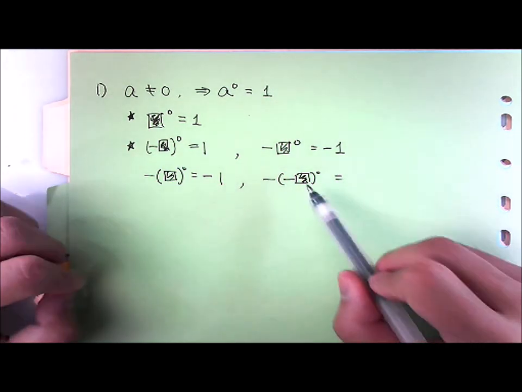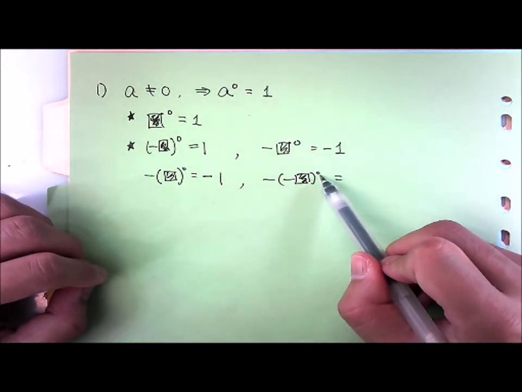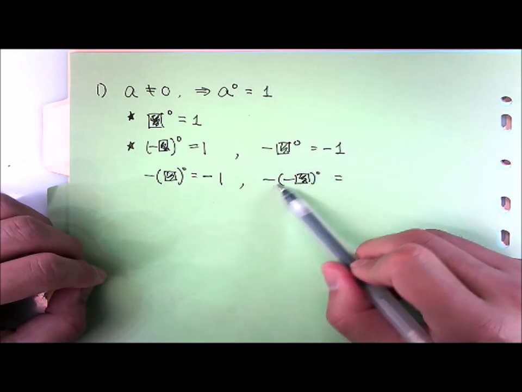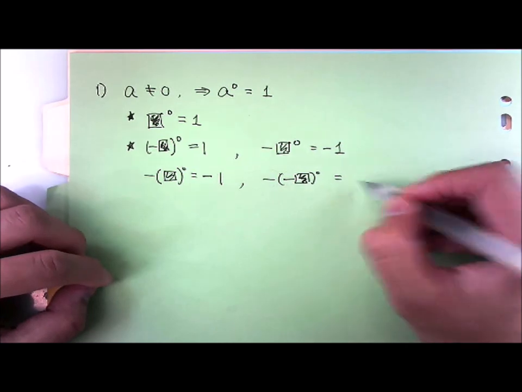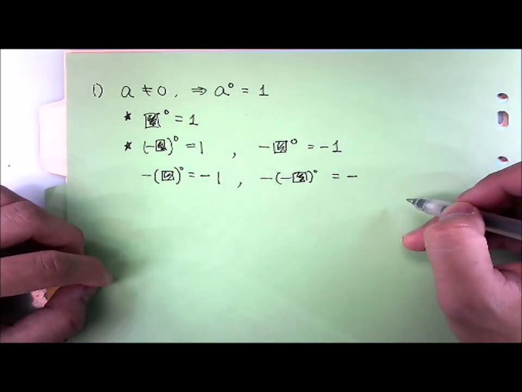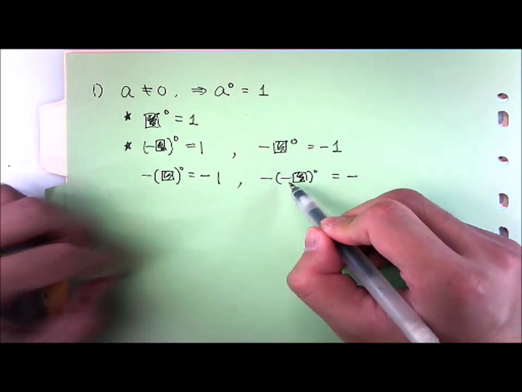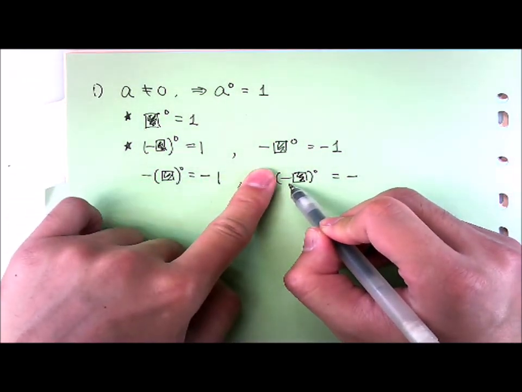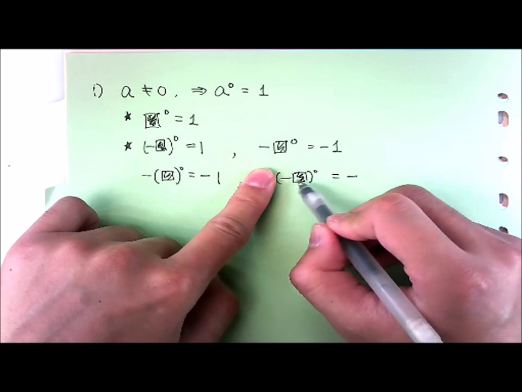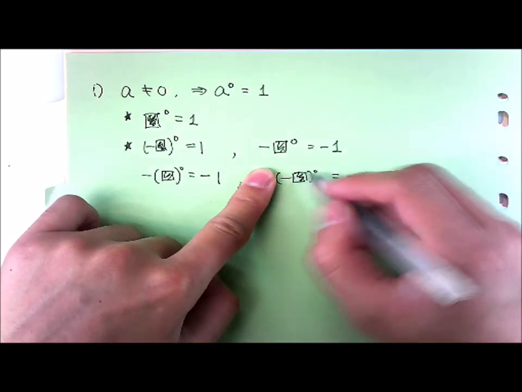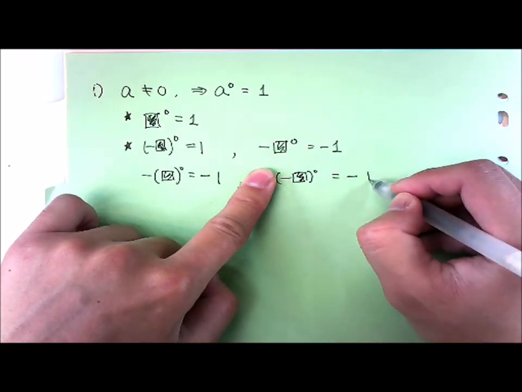Is this 0 going to do something with this negative sign? No, so keep the negative sign. But is this 0 going to do something with this negative sign? Yes, because it's inside there, but it's okay, it is still 1.